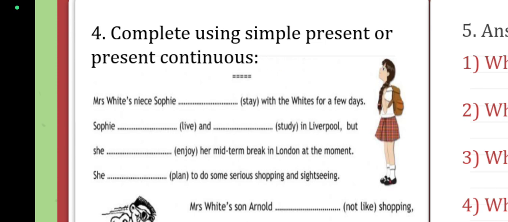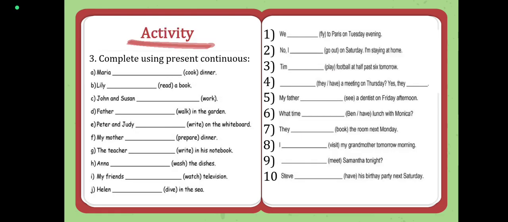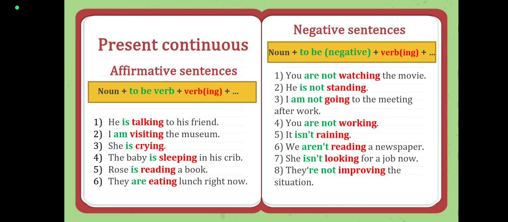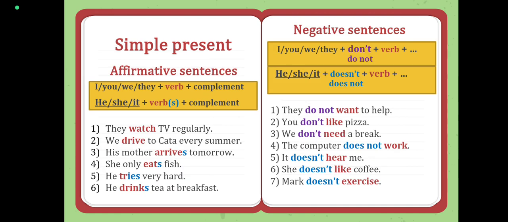Okay. It will be Sophie does live and study in Liverpool. Okay, that's great. Just be careful. Remember that we never use does with affirmative sentences. For affirmative, never use does. Okay? Solo utilizamos does para negativas y preguntas.